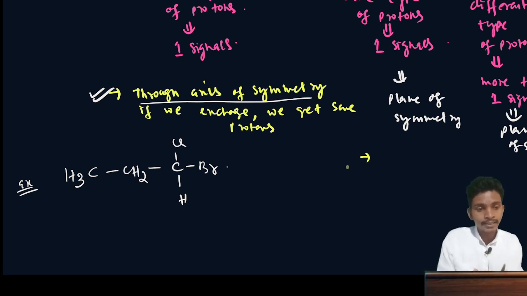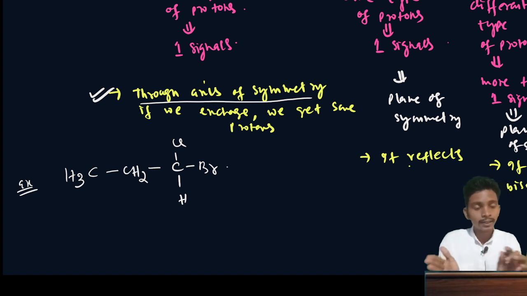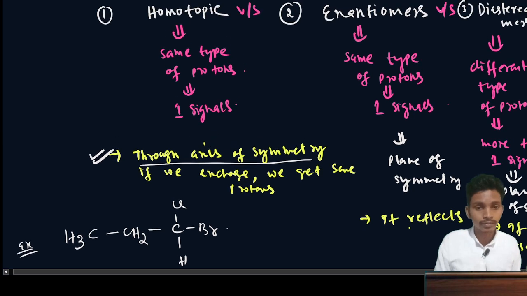If it reflects through the plane of symmetry, then this is enantiotopic, and we will get the same signal. If it bisects, then we will get different signals. So that's how we look.